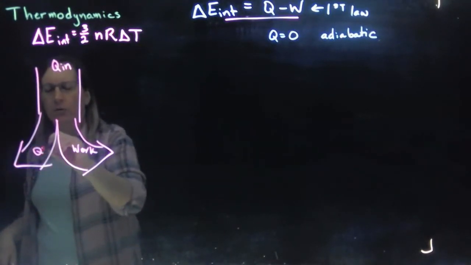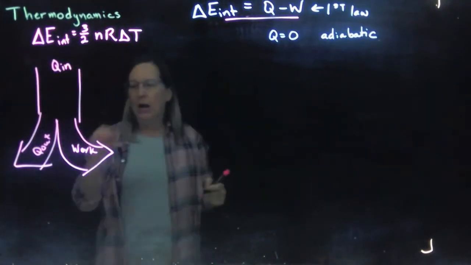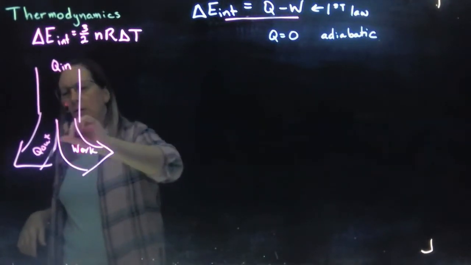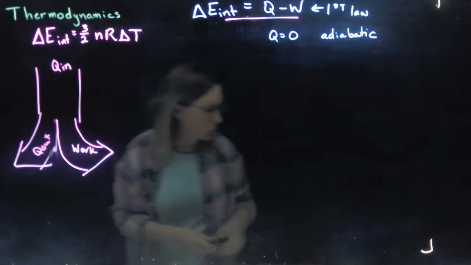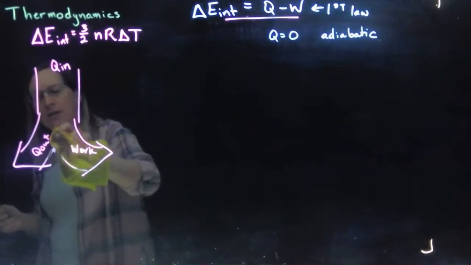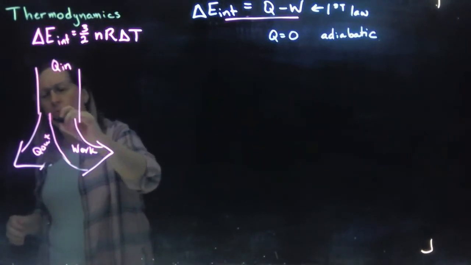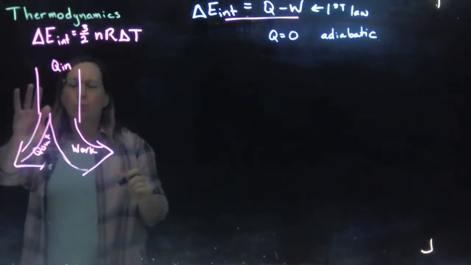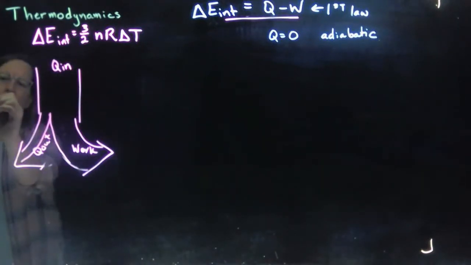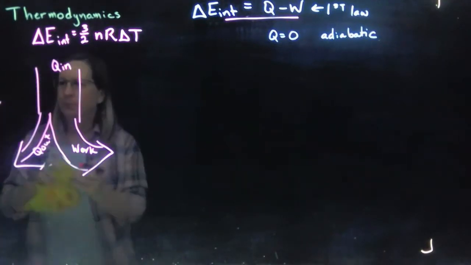Our Q out. And so these two have to equal our heat in. And the trick is that what we want to do is increase this work that goes out and decrease the heat out. So we want this to be a bigger arrow, and we want our heat out to be a much smaller piece. That's an increase in our efficiency. So efficiency of engines, oh, that's off the screen, sorry.